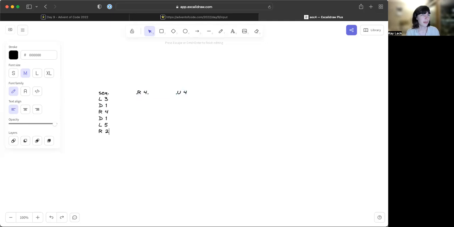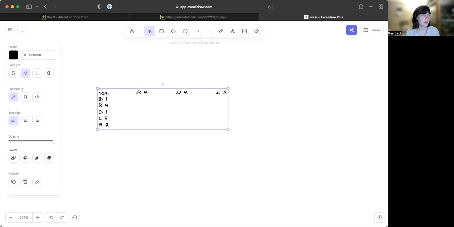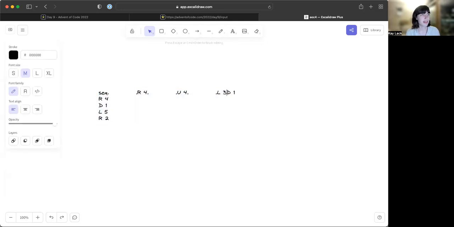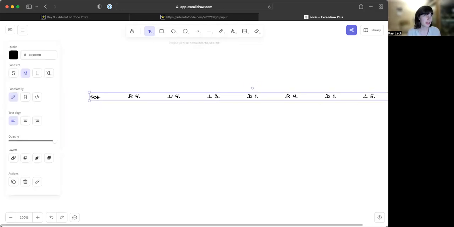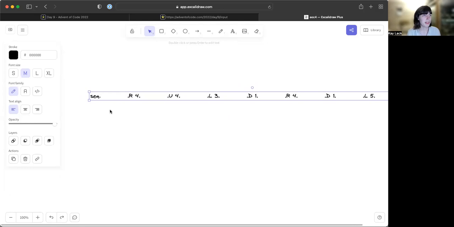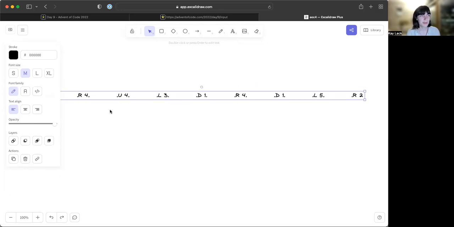I might actually switch away from Excalidraw as well, because it's slightly troubling things now. I might try something else in future. The reason I'm using dots here is because it won't let me paste long spaces.